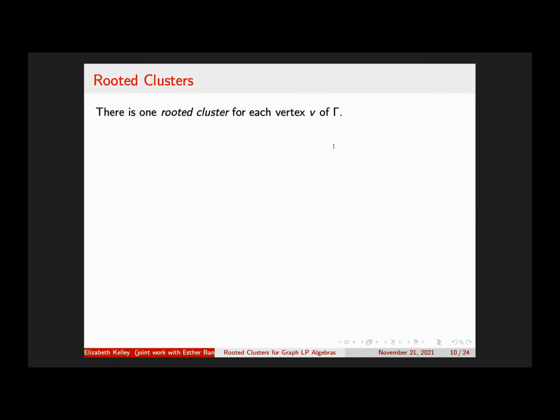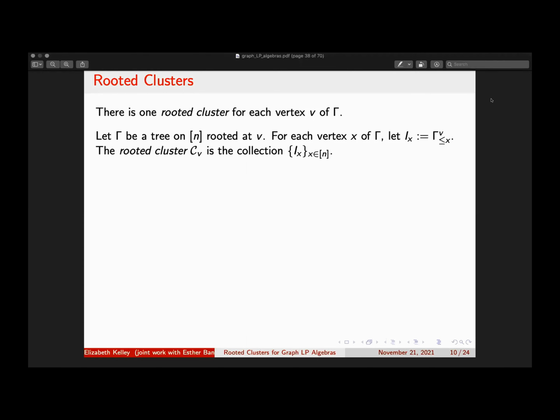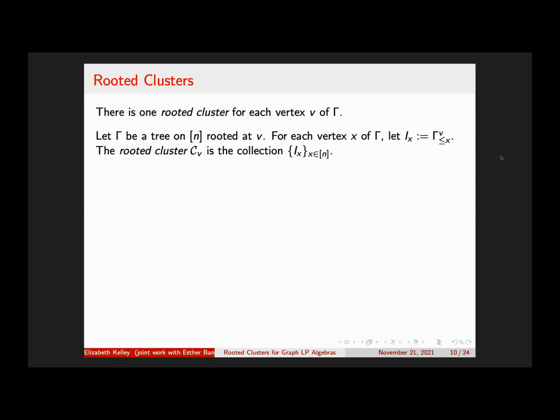Okay, and so there's exactly one rooted cluster for each vertex of our tree graph. And so another piece of notation that we use in these formulas is for each vertex in our graph, we're going to let I sub x be the collection of elements that are less than or equal to x when we view this as a poset. And so then we'll say that the rooted cluster for vertex d is the collection of I sub x where x ranges over every vertex in our graph.